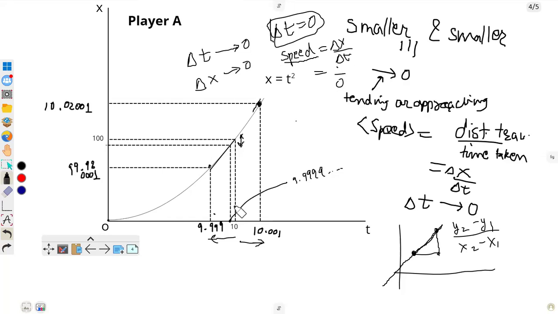But then अगर हम डेल्टा t जीरो कर देंगे तो हमारा डेल्टा x भी जीरो हो जाएगा। So speed is actually undefined. So what do we do then? What should we do now?